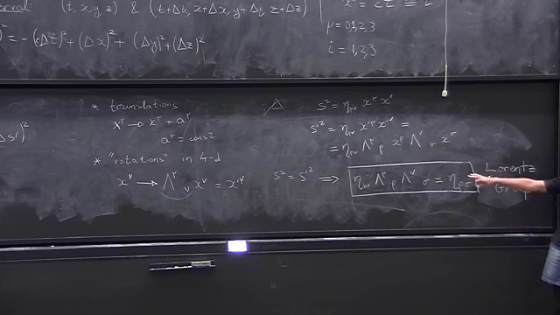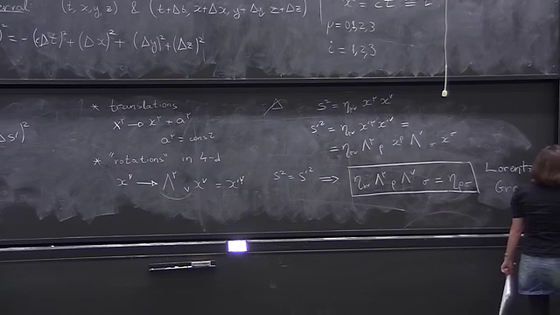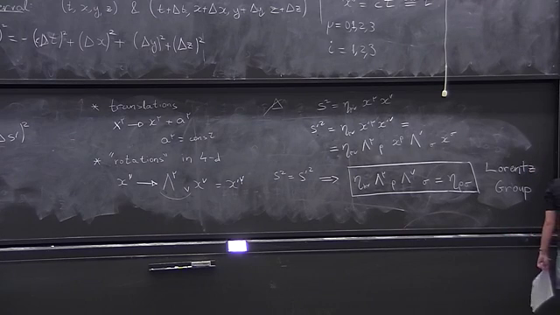If I want to use matrix notation without explicitly writing the indices, I could have written that x goes to x prime equals lambda x. I could have written that s squared equals x transpose times eta times x.